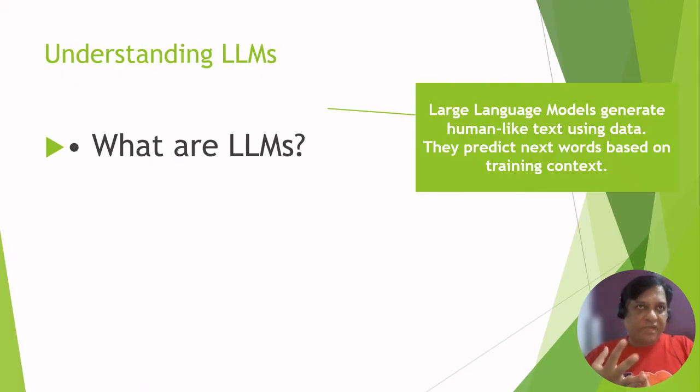That type of text it will generate based on the data that it has been trained on. It will predict the next words based on the training context, that is, how the training is given to the machine. So that is what LLM is.